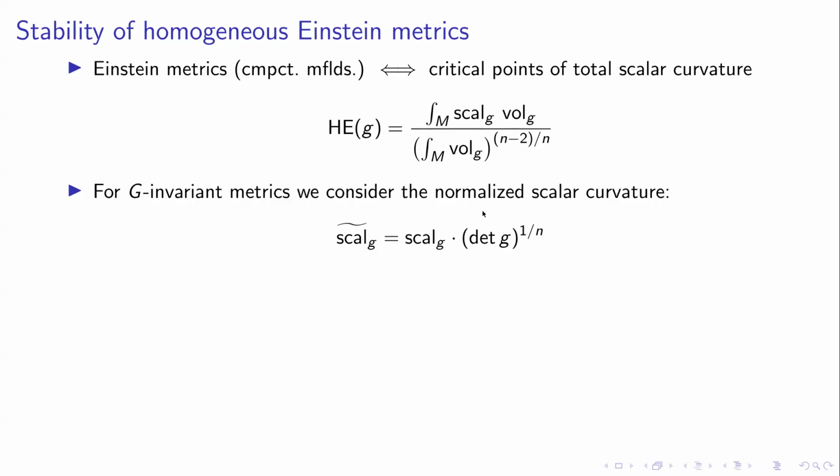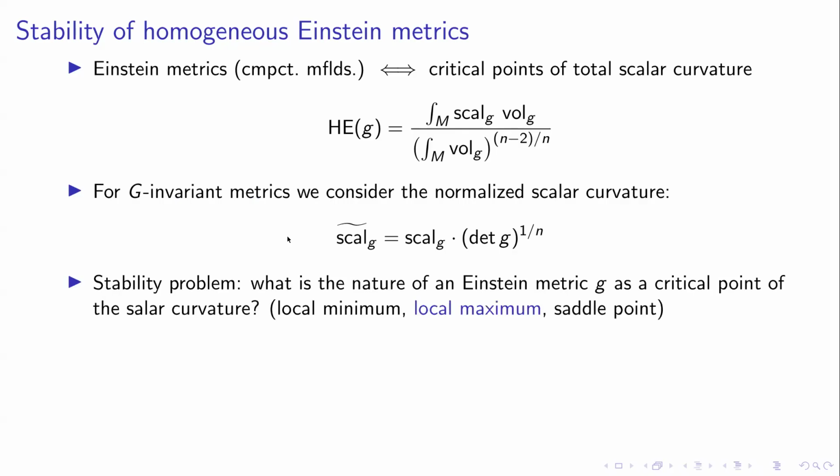We can consider the normalized scalar curvature given in this way. A G-invariant Einstein metric is a critical point of the normalized scalar curvature. The stability problem is: what is the nature of an Einstein metric as a critical point of the scalar curvature? The stable metrics are the maxima of the scalar curvature.